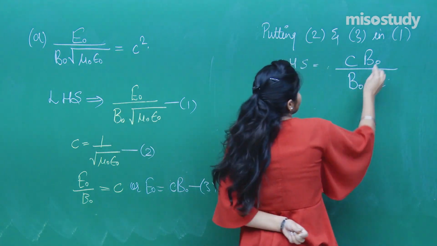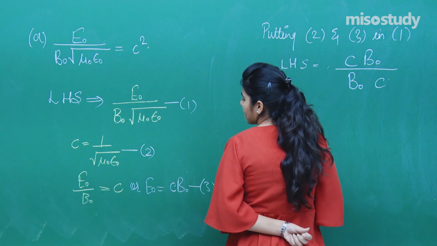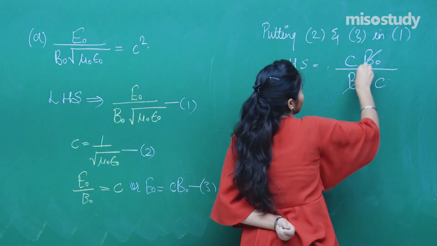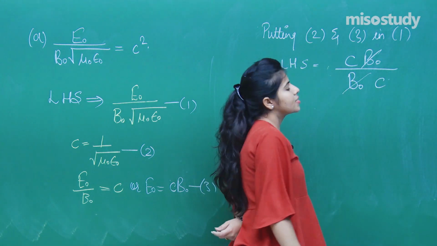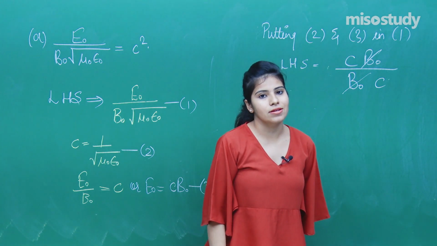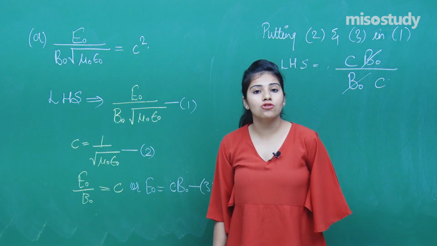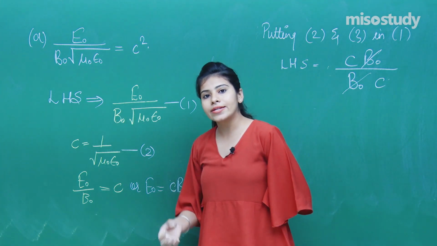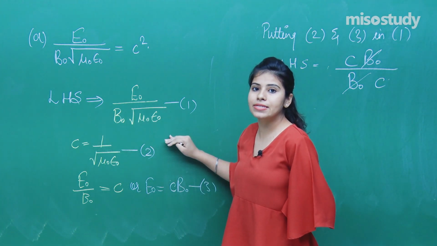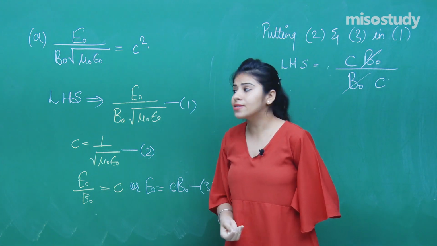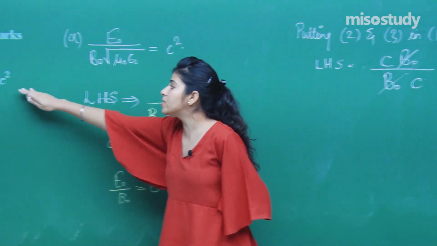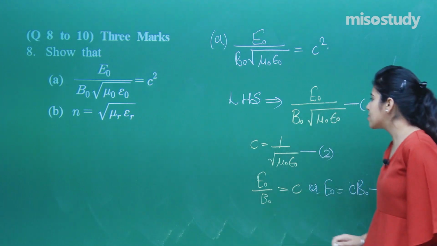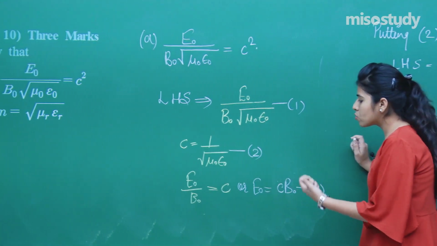Now B naught cancelled, and C is again going to be cancelled. That means the left hand side is not coming to the right hand side, so we have made a mistake. We are going to correct that mistake, because we want the answer to be C square and not to be cancelled. Maybe we have put the value in the wrong manner.